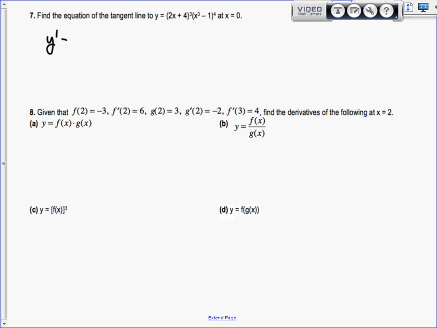All right, so y prime. Do you guys see that this is not only the chain rule, but it's also what rule? Product rule. All right, so we have (2x plus 4) to the 3, so keep that normal, times the derivative of the second part.